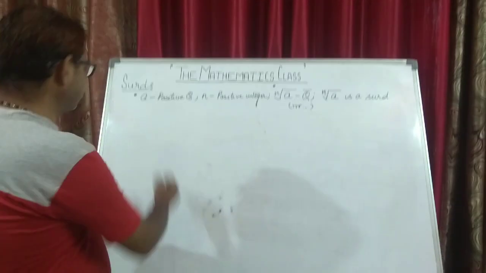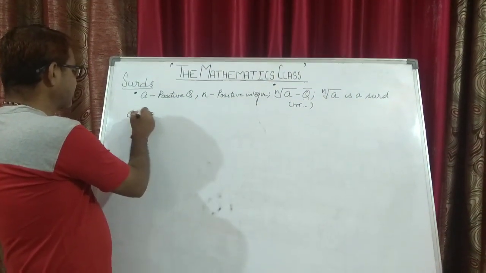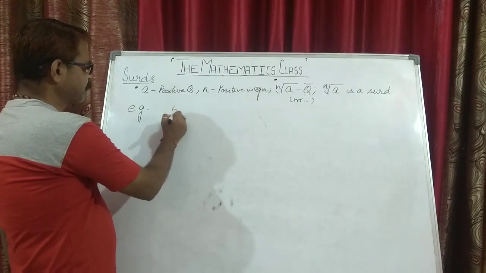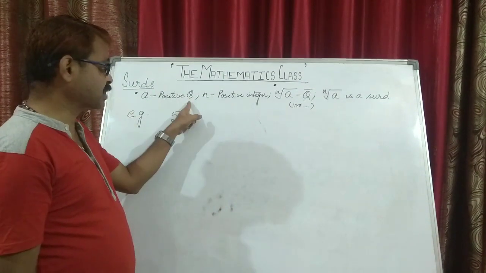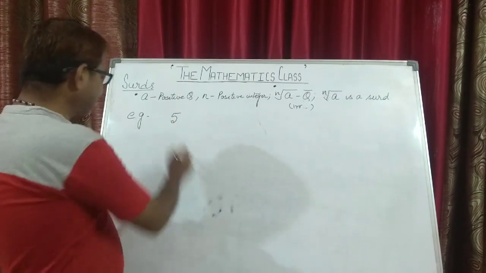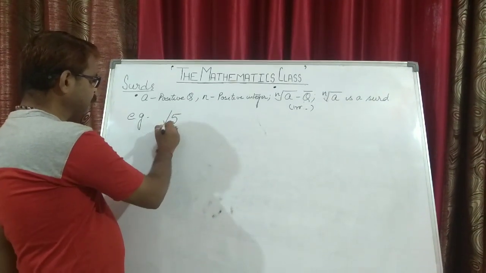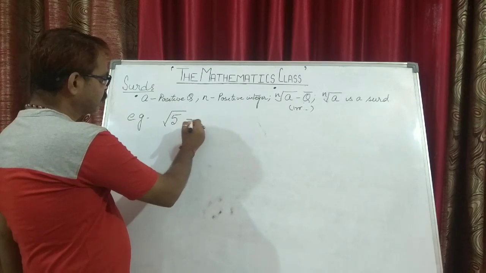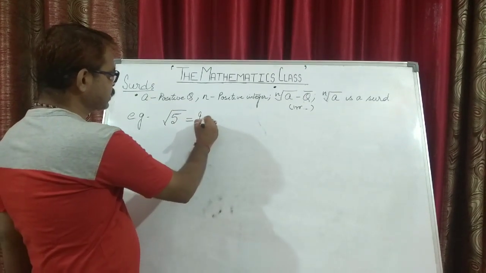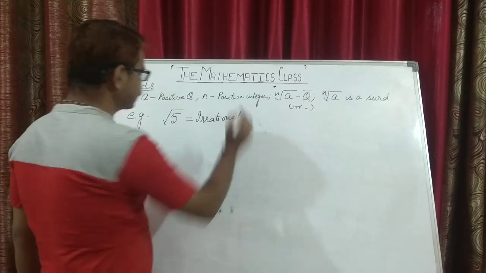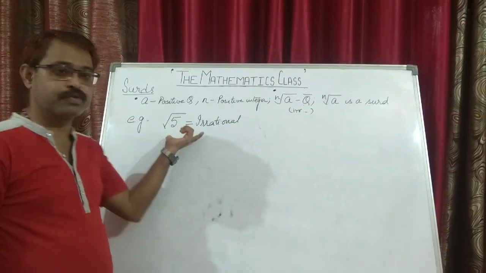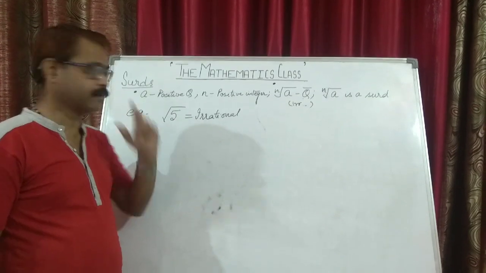For example, I take 5. 5 is a positive rational number. I take its square root. We all know that square root of 5 is an irrational number. So under root 5 is a surd.